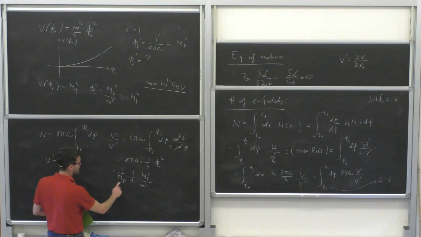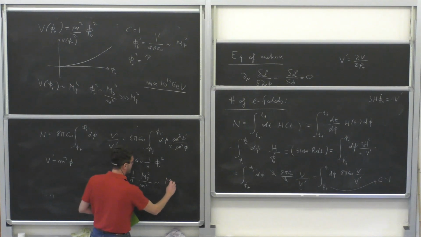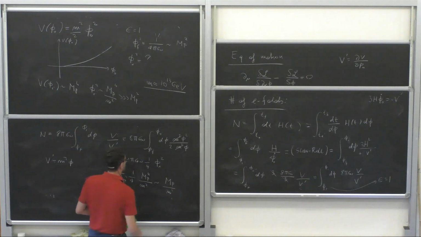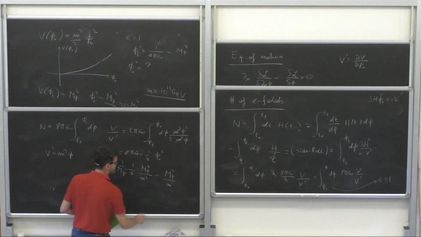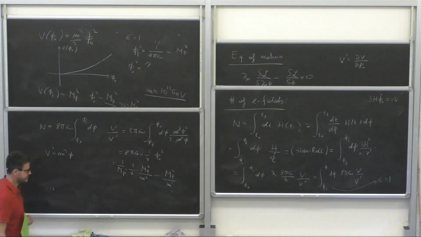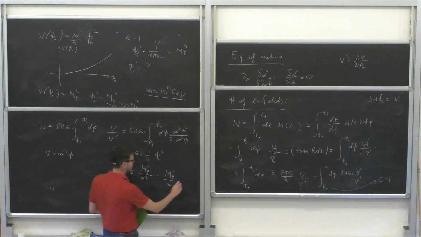So you see I have of order m Planck divided by small m, squared. Okay, so we said that this is 10 to the 19 or 18. This is 10 to the 13. The ratio is about 10 to the 6. So this guy is 10 to the 12.